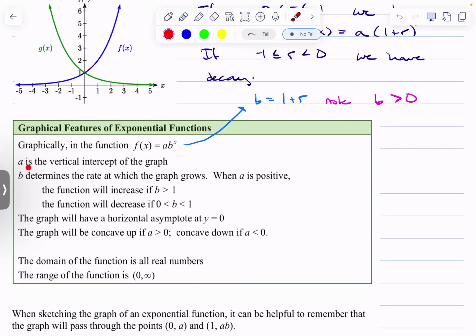A is going to be the vertical intercept of the graph. Why? Since f of 0 is a times b to the 0, anything to the power of 0 is 1, and so that's really just a.